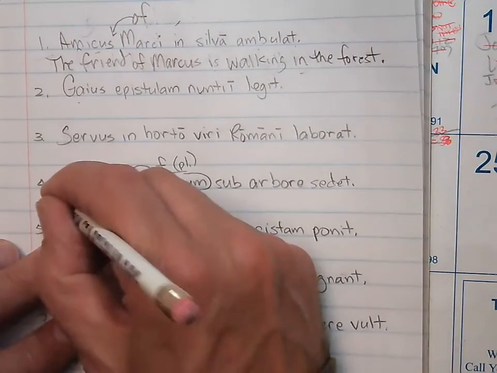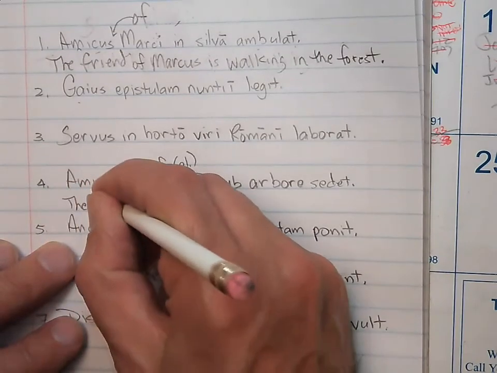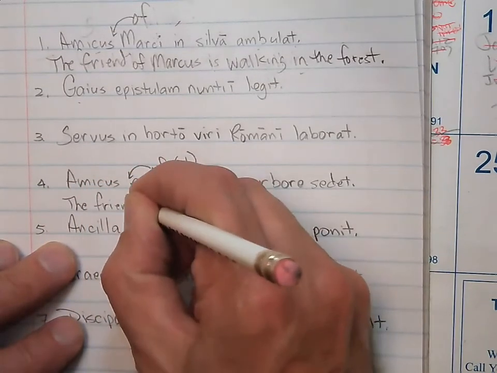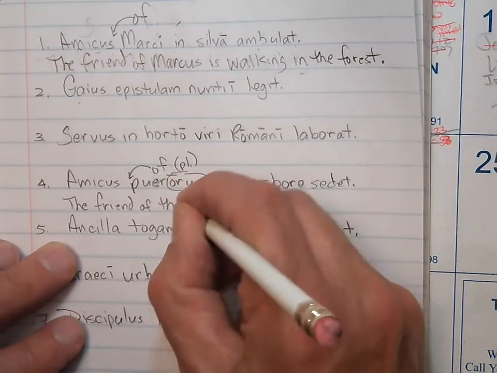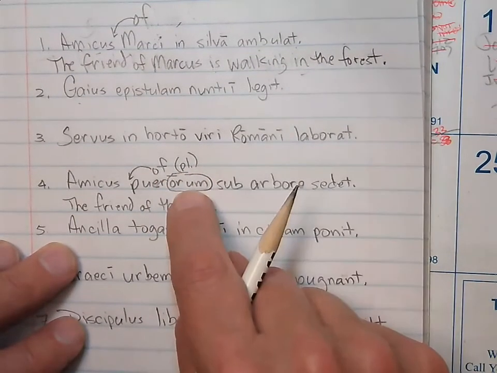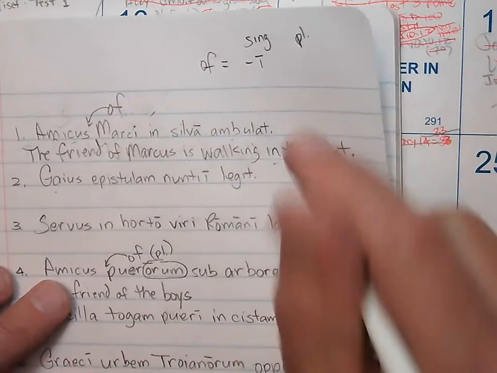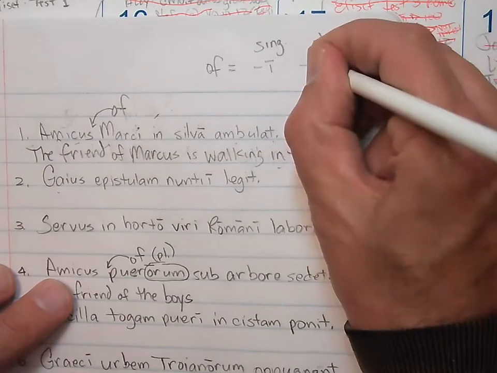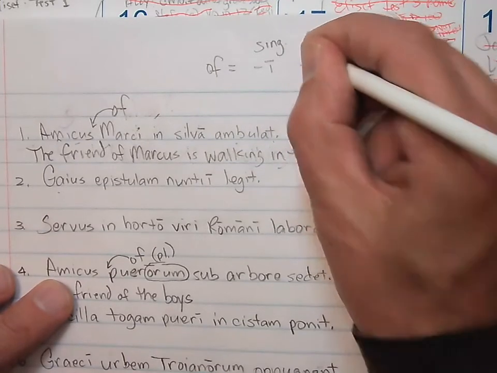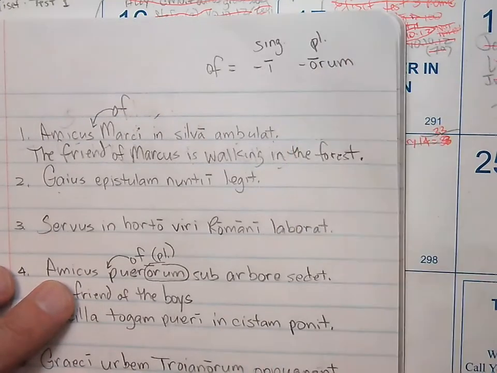So now in number 4, I have the friend of the boys. I can't get away with just boy. I've got to add the S because the O-R-U-M is plural. So I come up here and I write that bit of information down. If I see O-R-U-M on the back of a word, I'm going to say of, and I'm going to make the noun plural when I translate it into English.